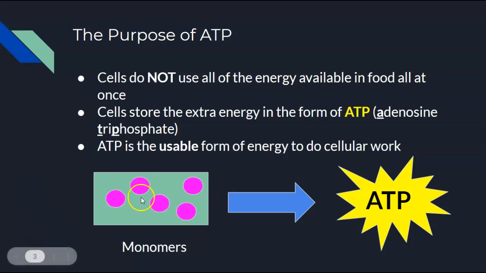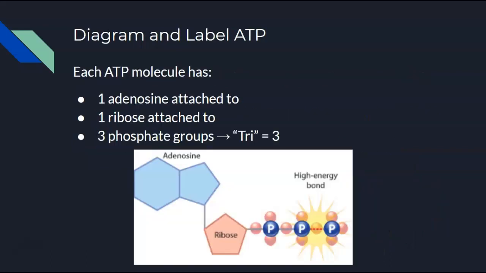I need to break down those polymers into monomers, and those monomers get converted into ATP. And once it's in the form of ATP, then it is usable. So I cannot use it unless it's in the form of ATP. That's mega super important. So underline that. You can't use energy unless it's in the form of ATP.